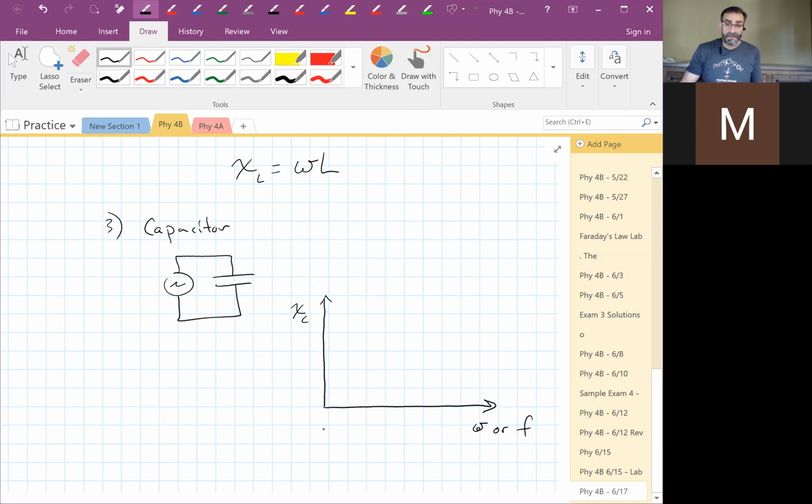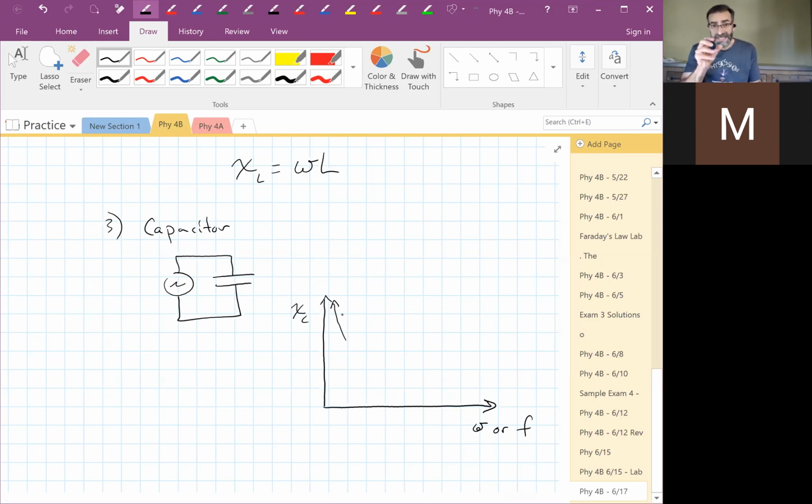What is the capacitor like for a DC circuit? Are we going to flow any charge through there? No. It acts like an open circuit because it is an open circuit, right? For a DC source, for zero frequency, it's an infinite resistance. So this has to go to infinity here.